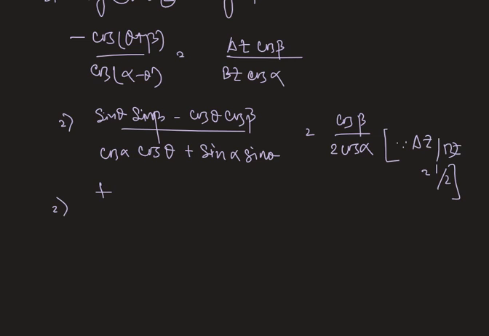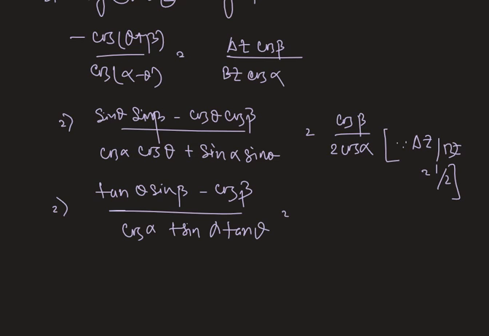And after dividing by cos theta, we get tan theta multiplied by sin beta minus cos beta divided by cos alpha plus sin alpha multiplied by tan theta.